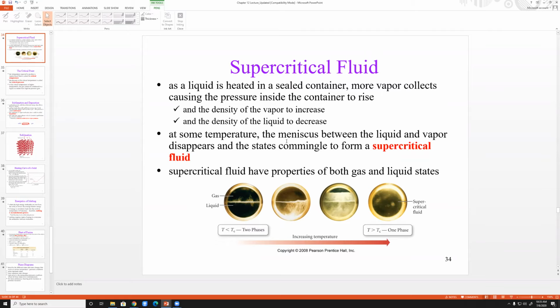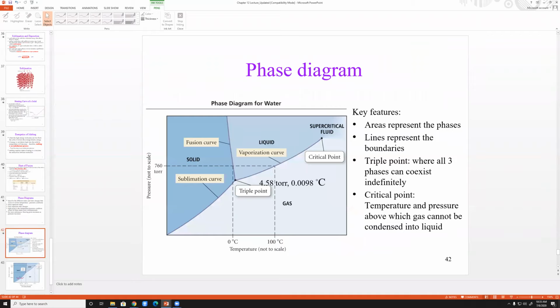So as we call it, a supercritical fluid. So it's kind of like the vapor and the liquid state mix together, and it creates this intricate substance called a supercritical fluid. That's only at extremely high temperatures and extremely high pressures. So yeah.